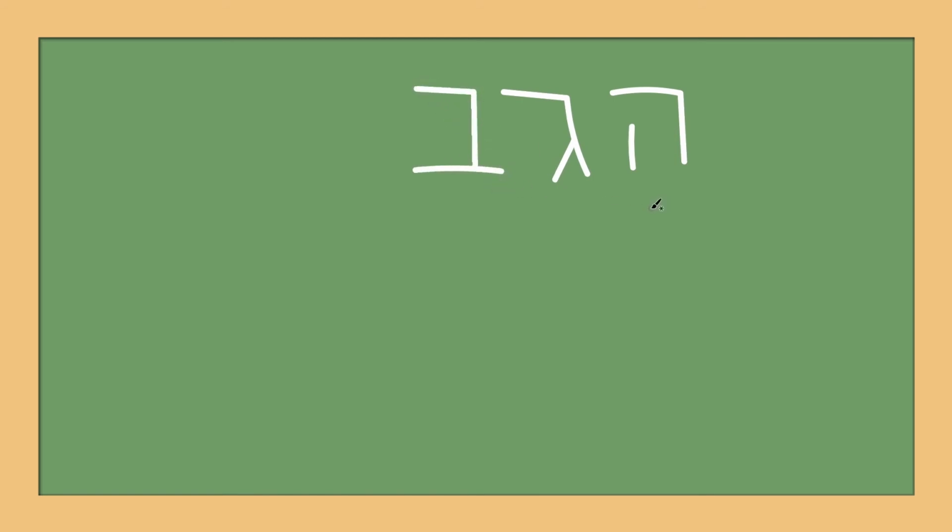So if we want to make the word the back, we'll write the letter hey in the form of the first letter. There will be no spacing between the word itself and the ha article. Hagav means the back. Let's write it in cursive as well. Hagav, the back.